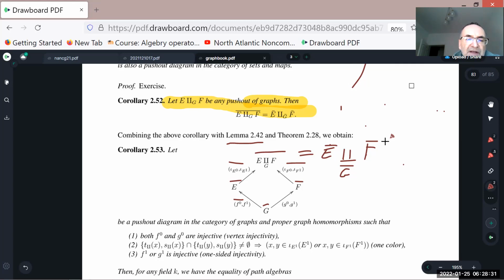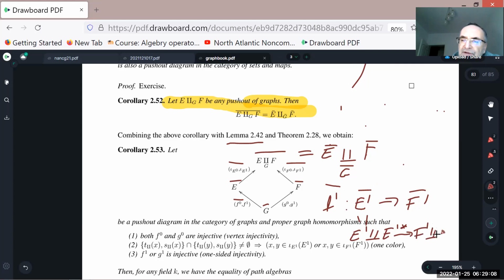That's very easy to understand, because if I look at a map, say F1 bar from E1 bar to F1 bar, then I have to remember that this is just the disjoint union of E1 and E1 star, likewise F1 bar equals F1 disjoint union F1 star.